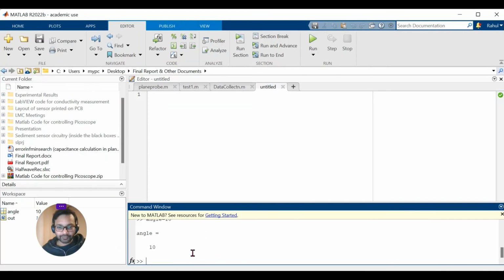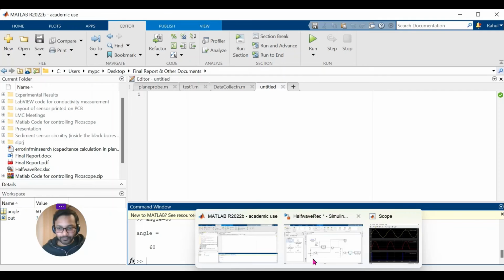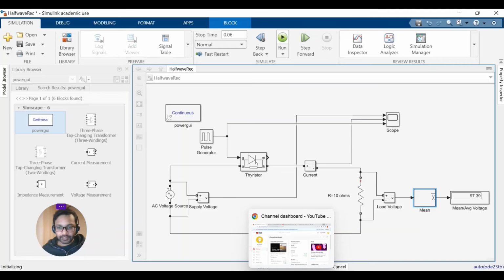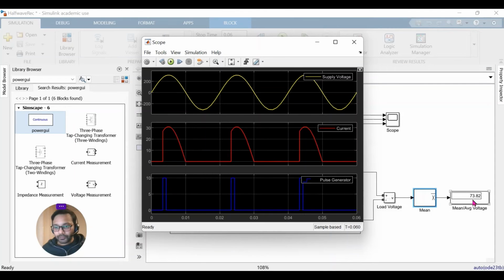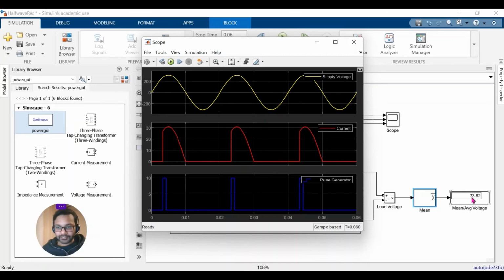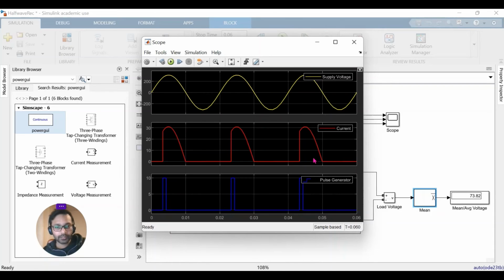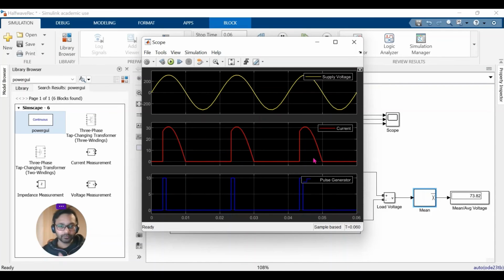So we have already verified it for the 45-degree angle, and let's again change the angle to 60. Let's run the circuit again. The mean or average voltage is 73.82, and you can see it again shifts further towards the right.